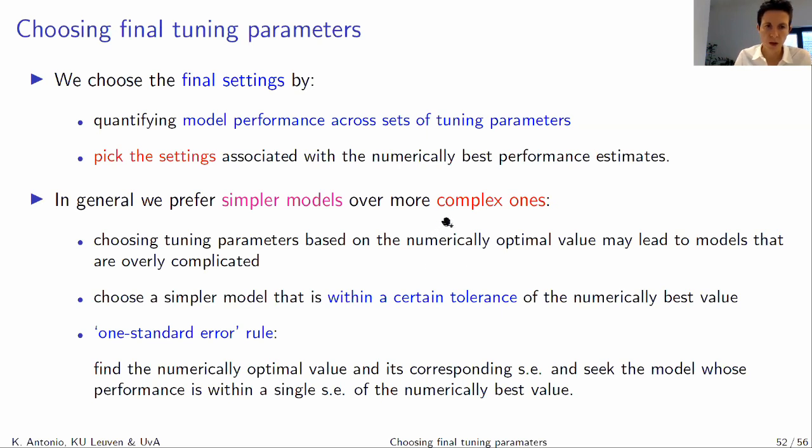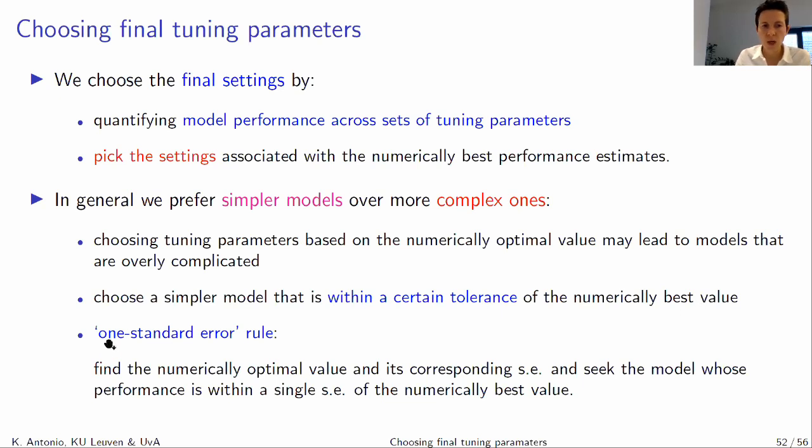And in general, we said we prefer simpler models above more complex ones. So you can pick the tuning parameters based on the numerically optimal value, but that may lead you to a model that is a bit too complex. So what people often do is pick a model that is simpler, but within a certain tolerance of the numerically best value.